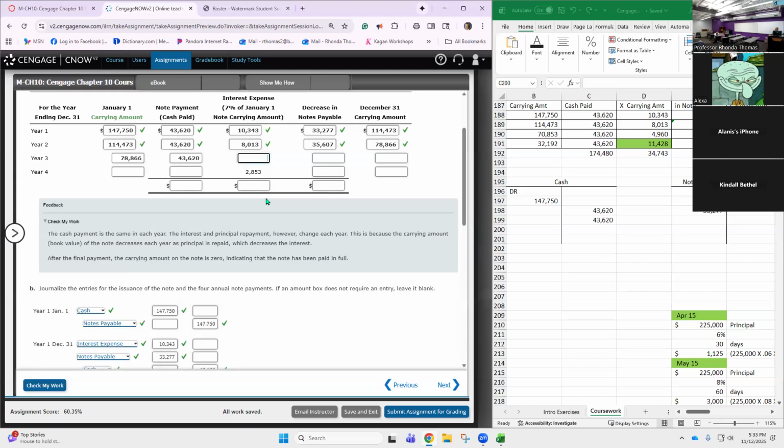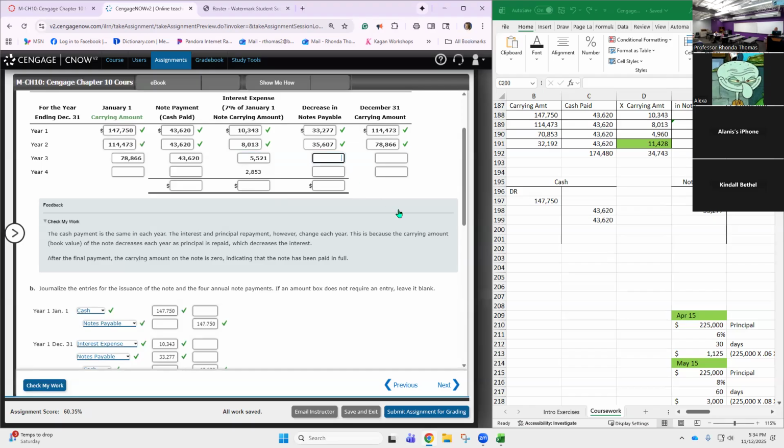So 78,866 times 0.07, I got 5,521 if I round up. We'll see what happens.